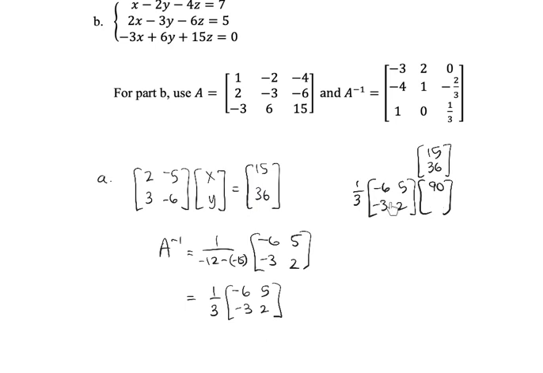This entry is combining this row with that column, so this is negative 3 times 15, that's negative 45. 2 times 36 is 72, so we have a negative 45 and a positive 72, that combines to 27.